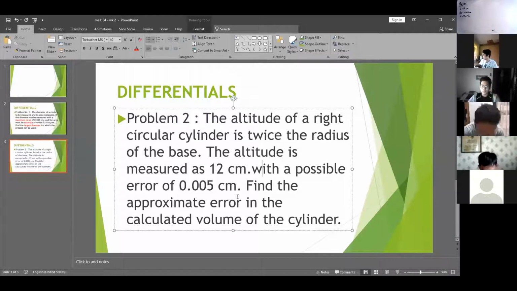And take note that, since the altitude of the right circular cylinder is twice the radius of the base, what is the value of the radius?